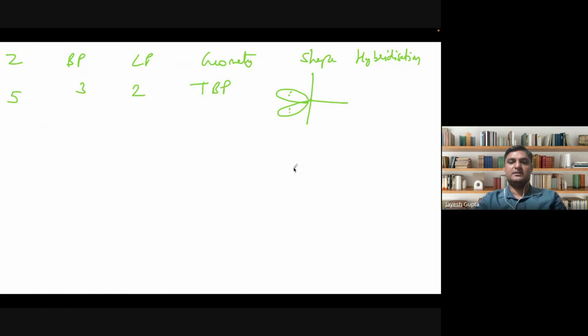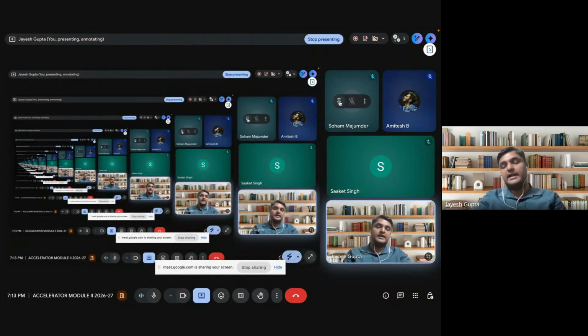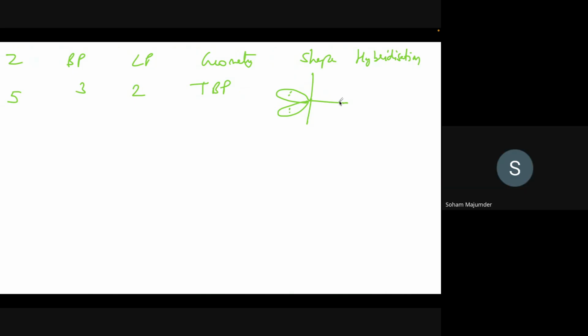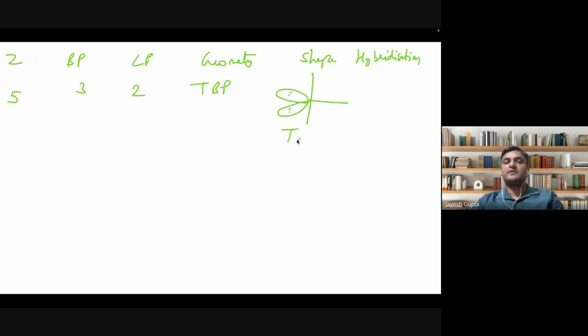Why pyramidal? Pyramidal is like having lone pair above, then all the valencies downward. That is pyramidal. I am telling that if you rotate the compound by 90 degrees, 180 degrees, can you see any letter being formed? T. Yeah, so that's why its name is T-shaped. Shape is T-shaped, and hybridization is sp3d.